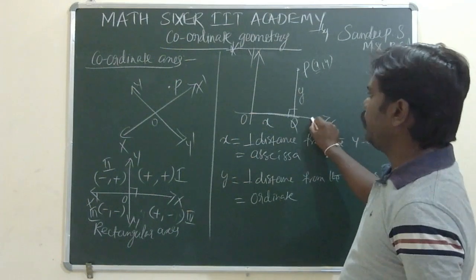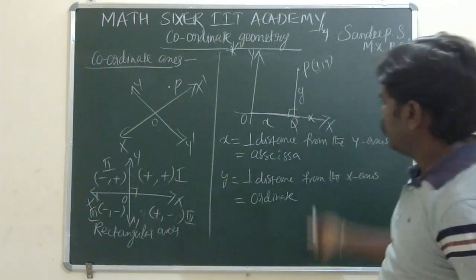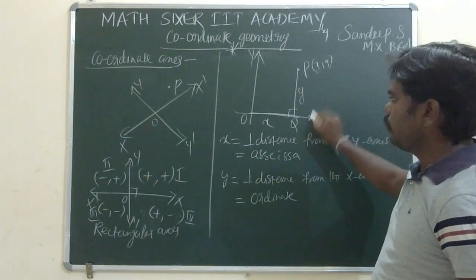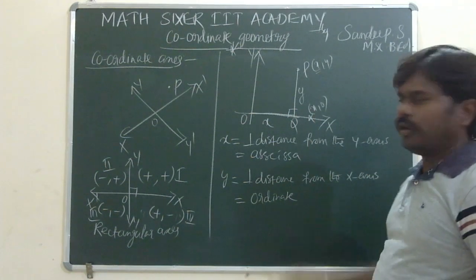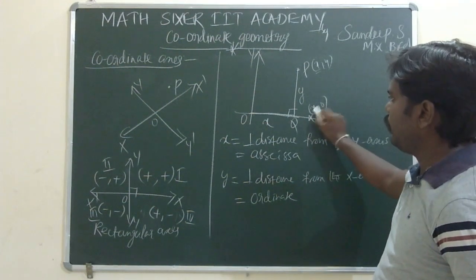Now when you take a point which is on the x axis, the distance from the x axis to itself is 0, so the y coordinate is 0. The x coordinate is x, so you take (x, 0).